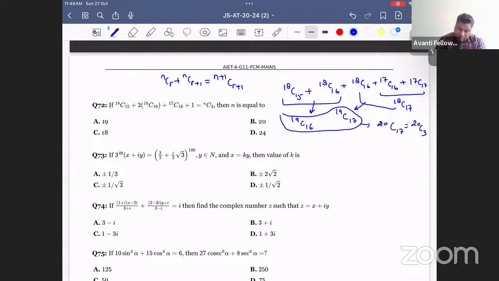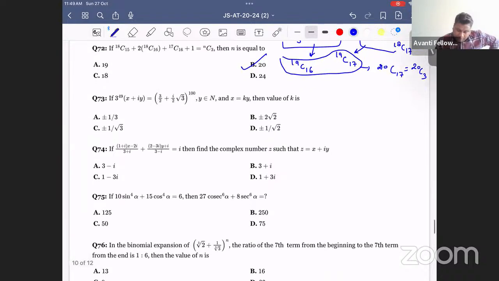So your answer will be option B, that is 20. Correct? Now, this is a simple question, you will manage.